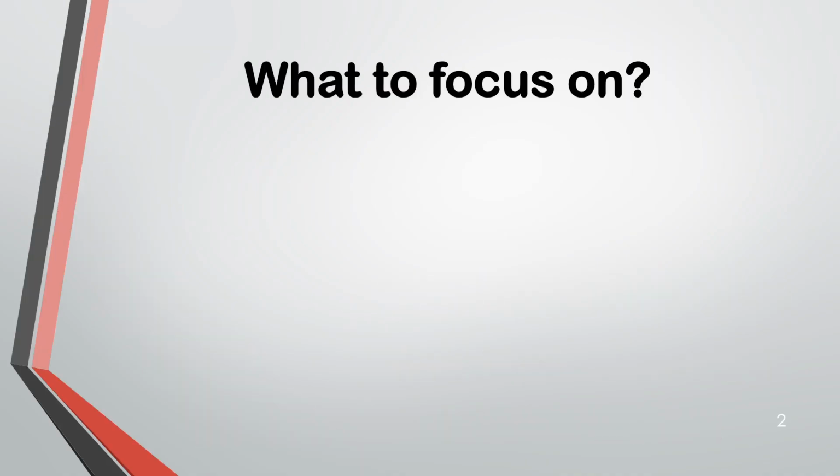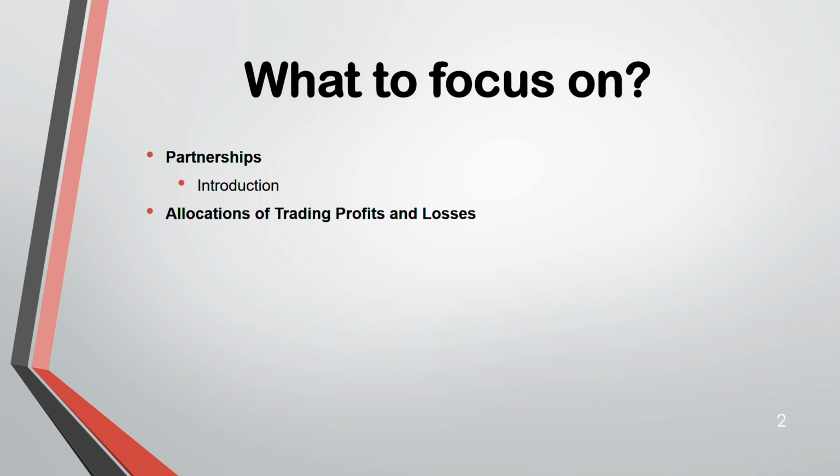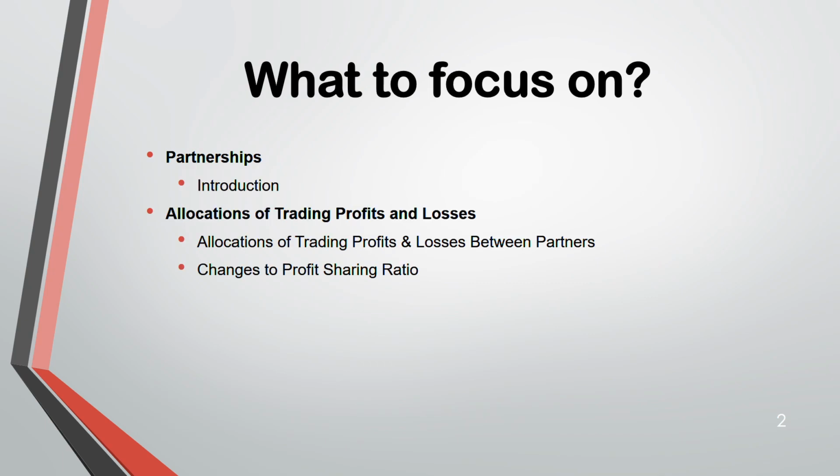So, under partnership, how do we allocate the trading profit and loss? Then, when the profit sharing ratio changes, what is the impact? Then the capital allowances. This capital allowances I've covered in lecture 7. So, now how it will be allocated. Then, when a new partner enters and an existing partner retires, what is the impact?